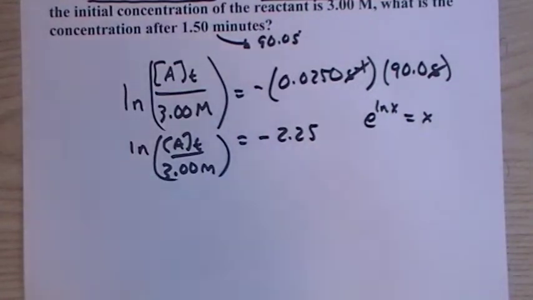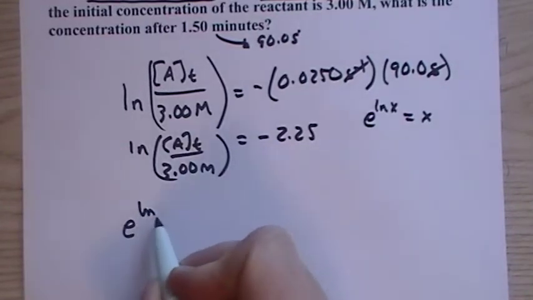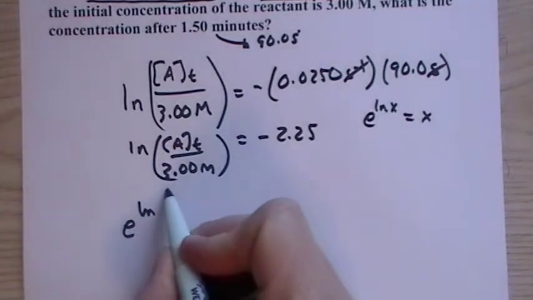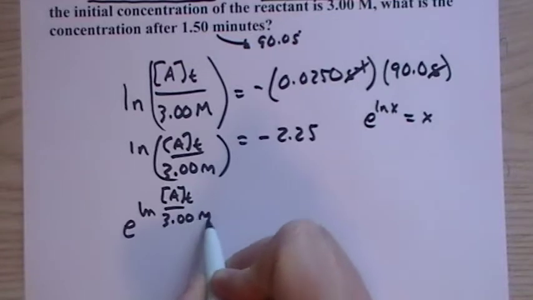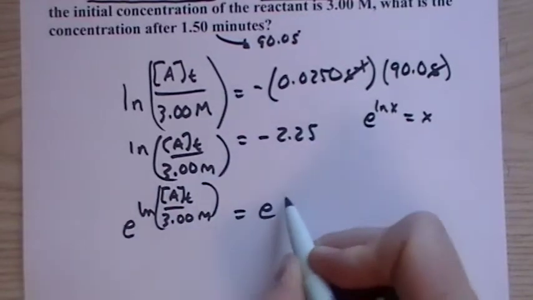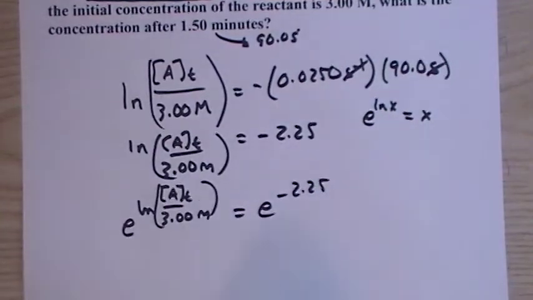And what we're doing, e to the x, is the anti-log. This is something straight out of your math course that you should have taken before this class. So I'm only going to cover it briefly, but what you do is take e raised to this side of the equation, and e raised to this side of the equation.